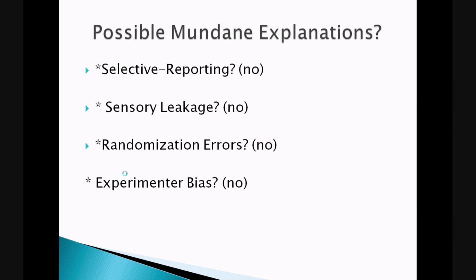Possible mundane explanations. In recent years, behavior scientists have become increasingly aware of the selective reporting problem, the likelihood that successful studies are more likely to be published than unsuccessful ones, which are more likely to be consigned to the file drawers of their disappointed investigators.